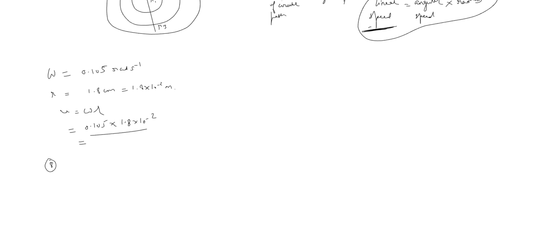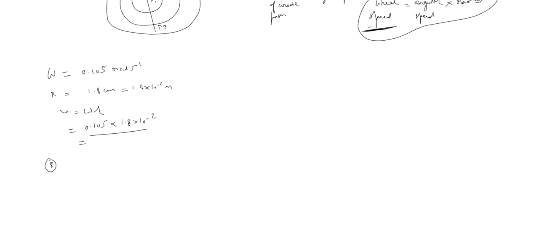1 by 30 pi. What are you getting, 1 by 30? You have to write in decimals. You can't write in fraction. Okay, 0.105 radian per second. Correct.